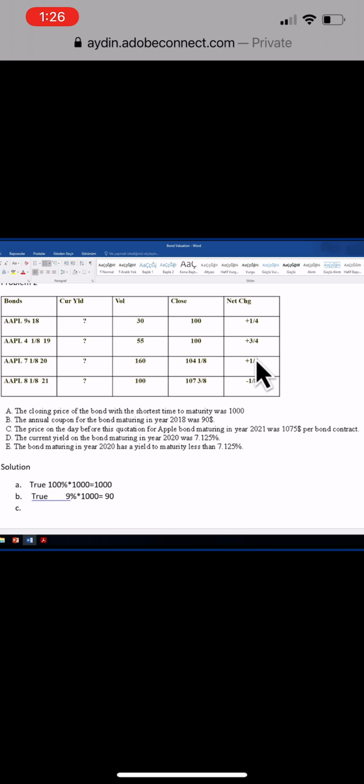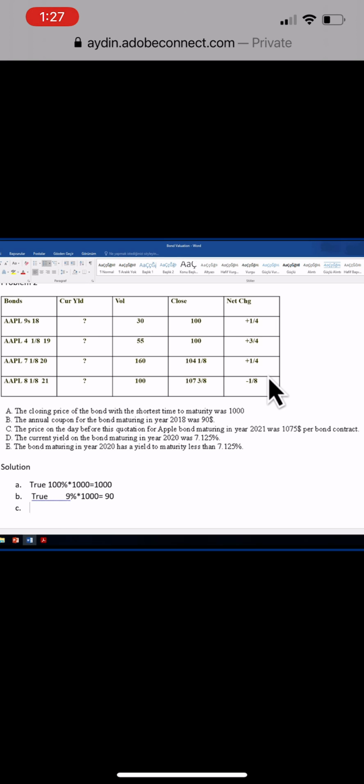So we have here the net change, which shows by how much the price traded up or traded down, today's price compared to yesterday's price.